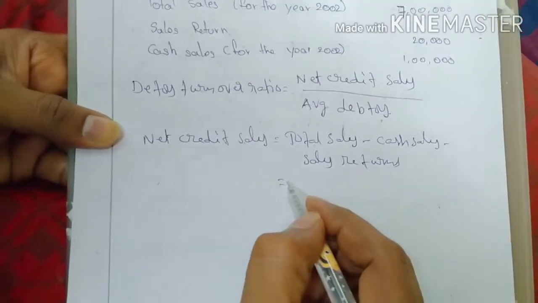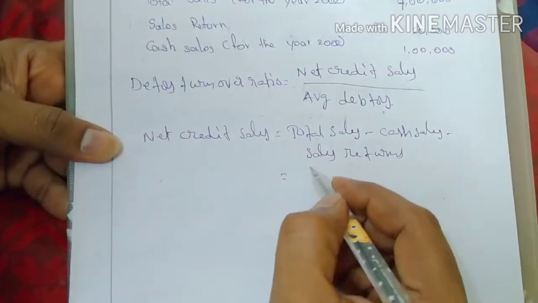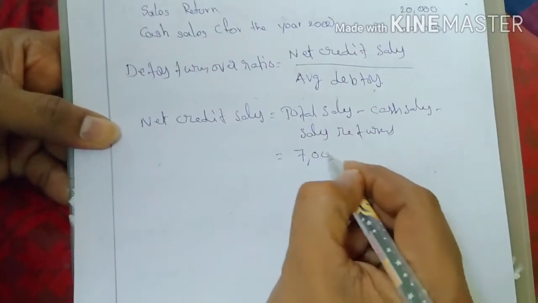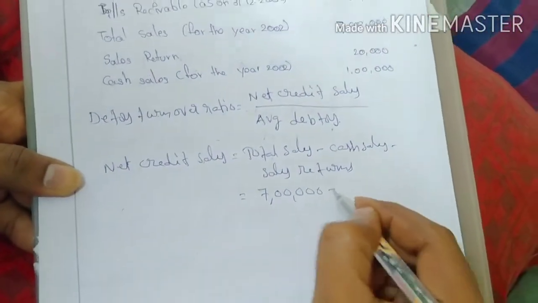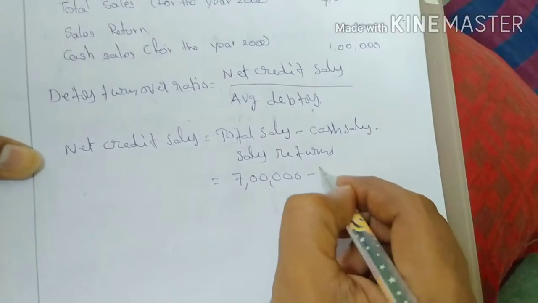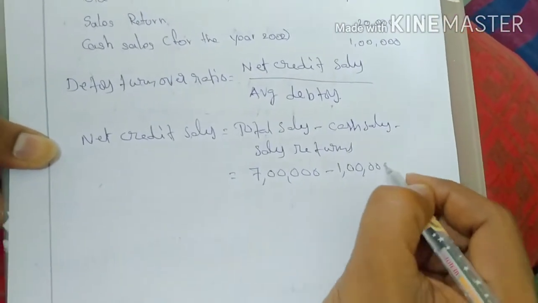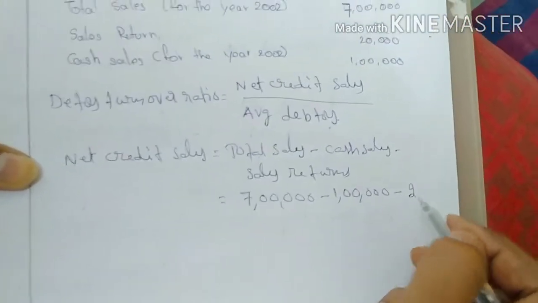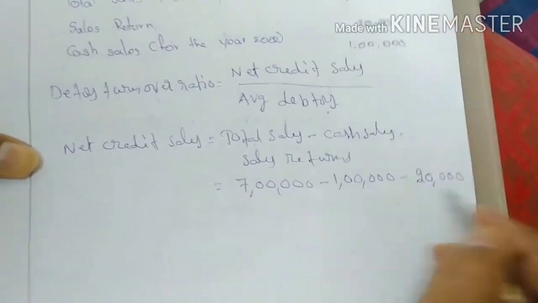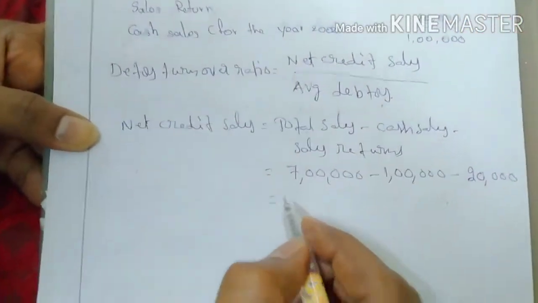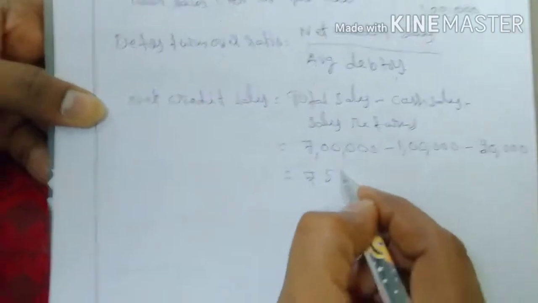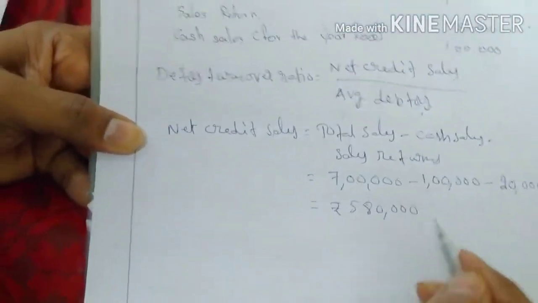So 7 lakhs minus 1 lakh minus 20,000, that is equals to rupees 5 lakh 80,000.